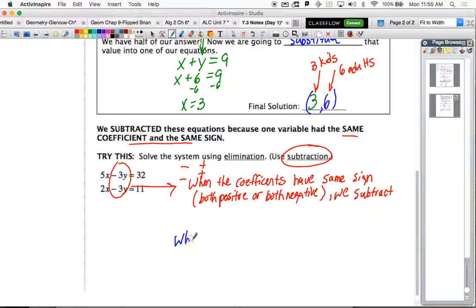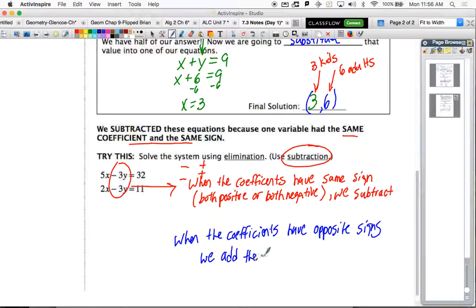When the coefficients have opposite signs, we add the equations together.